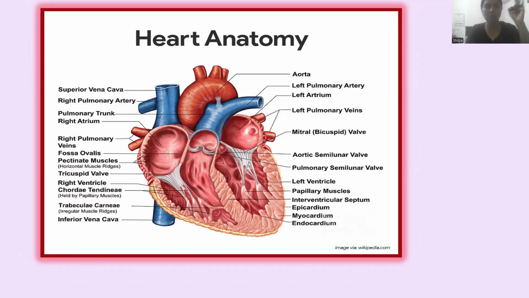Superiorly, remember the great blood vessels: aorta, superior vena cava, pulmonary artery, pulmonary vein. Posteriorly, esophagus, trachea, left and right bronchus, not bronchioles, then descending aorta, inferior vena cava, and the thoracic vertebra.